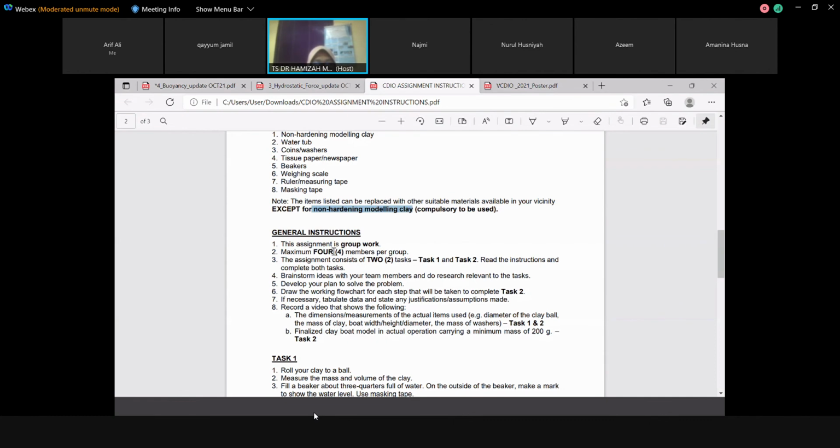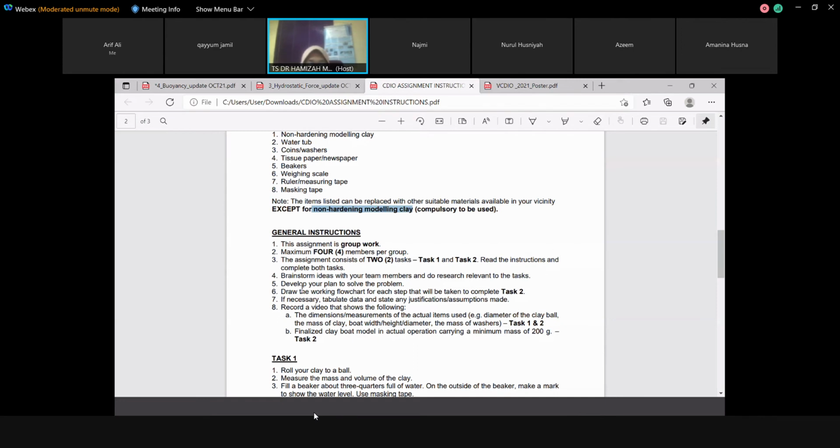So, 4 members per group. It is divided into 2 tasks, task 1 and task 2. You need to brainstorm the idea with your team members and provide the relevant task to each and every one, so there must be a task division.